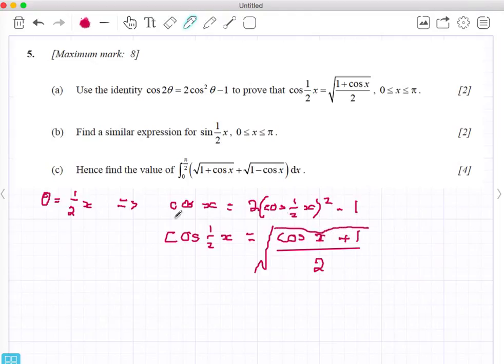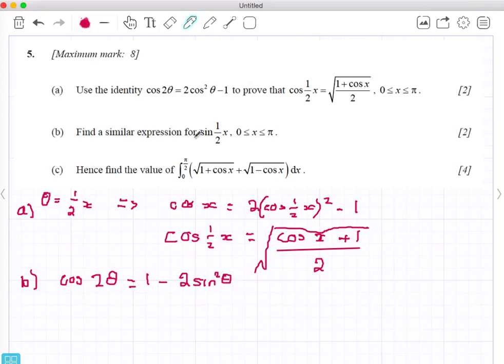Just about. Okay, now I'm going to do a similar thing for this, so I need to look on the formula sheet and I find that, this is part A by the way, the formula sheet says that cosine 2 theta can also be written as 1 minus 2 sine squared theta, like that.